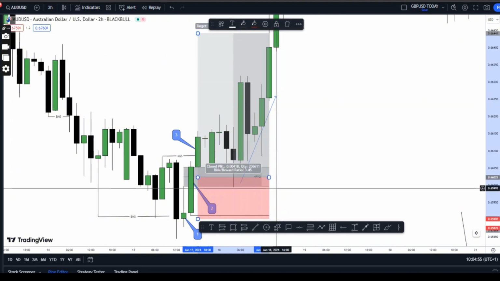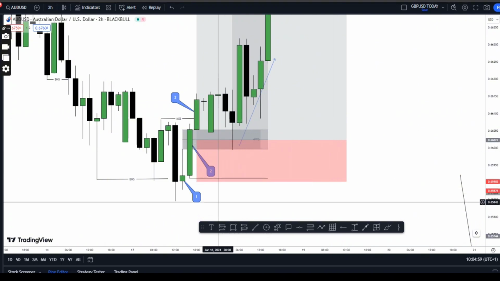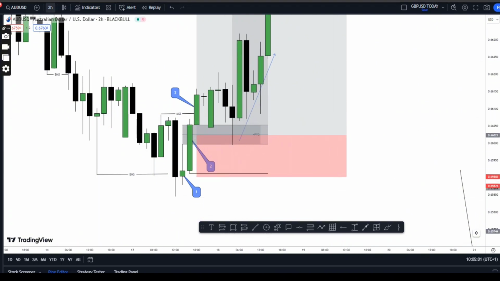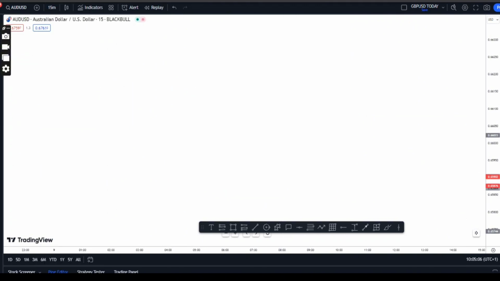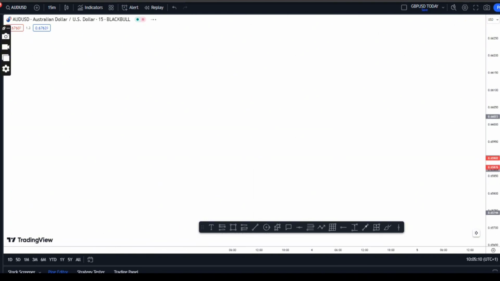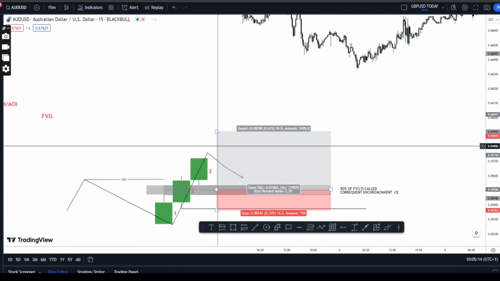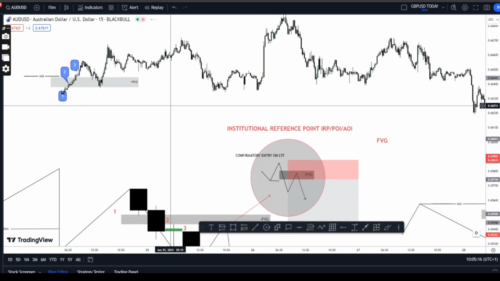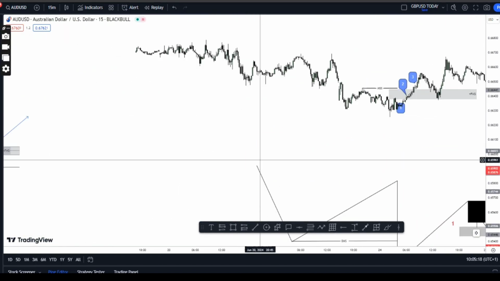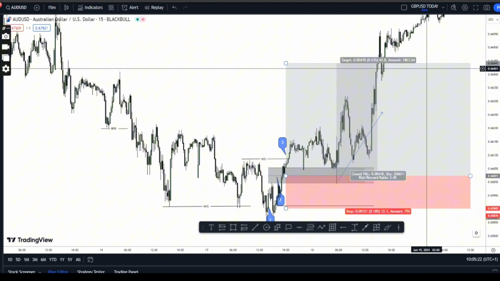So what about confirmatory entry, guys? If I want to take a confirmatory entry on this fair value gap, I'll go down to a lower time frame. For instance, maybe I'll use a 15-minute time frame at that particular zone, guys. Now when I go down to a 15-minute time frame, all I'll just do is frame that same trade at the fair value gap inside of my shift of structure at that zone.